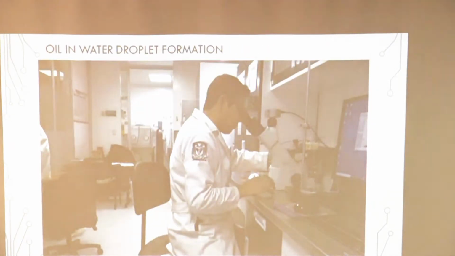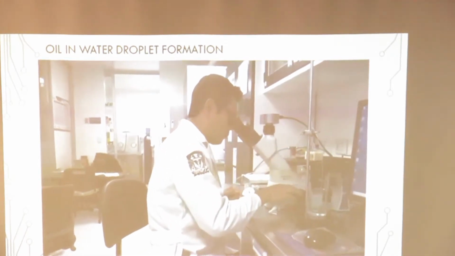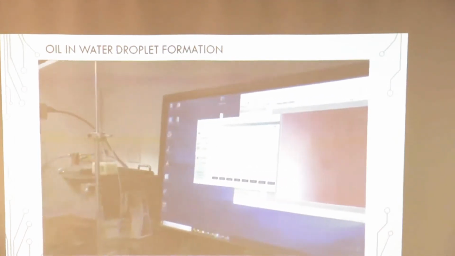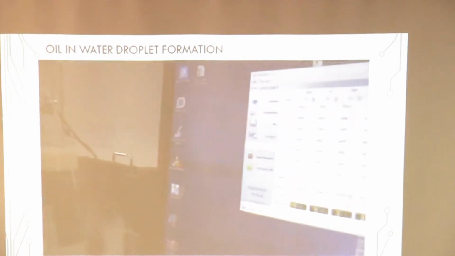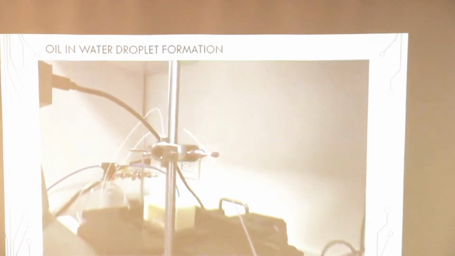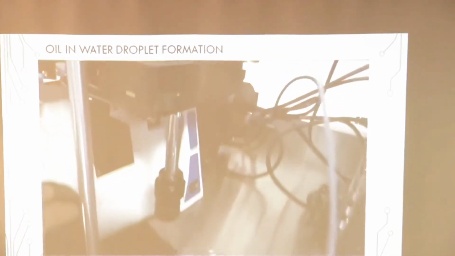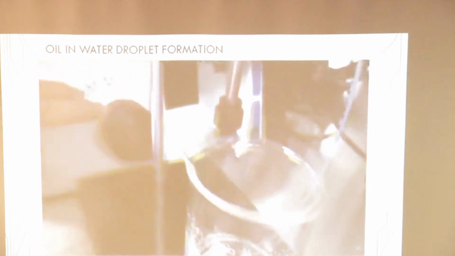And this is another video in real time. We are performing here the production of these microparticles. In a moment you will see how these microparticles are formed here through the microscope. And we were able to see what's happening with this microchip.